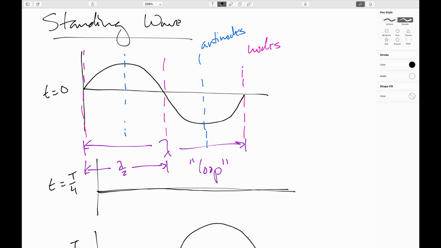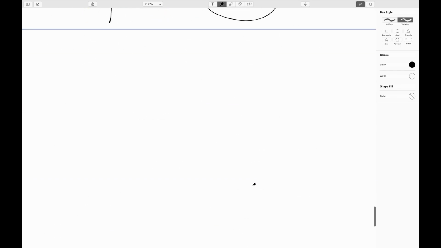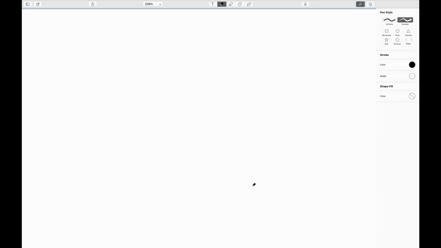So let's see if we can figure out what the possible frequencies and wavelengths we could conceivably have for these. So let's start with the example you saw in the video where both ends are fixed.